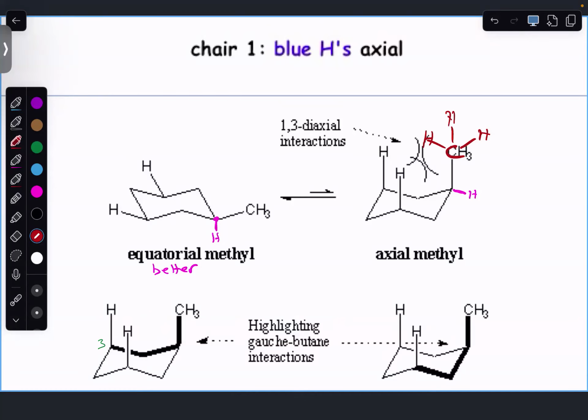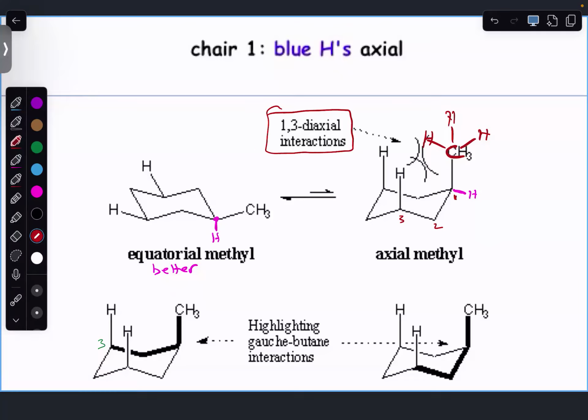And when you have these big groups in axial positions, they start sterically interacting with the other axial positions. We call these 1,3 diaxial interactions. Because if I'm calling that one arbitrarily 1, that hydrogen that's at the 3 position, that axial hydrogen is going to start interacting sterically with the big methyl group.